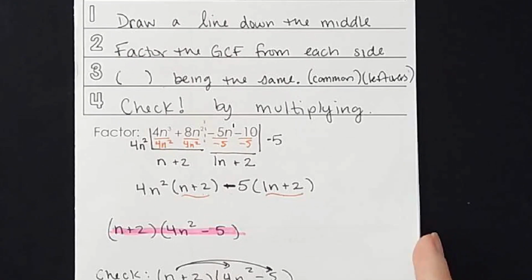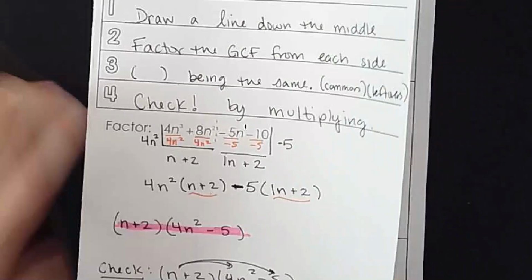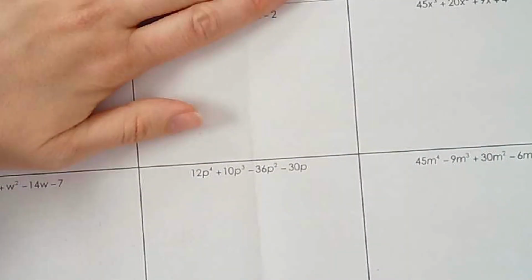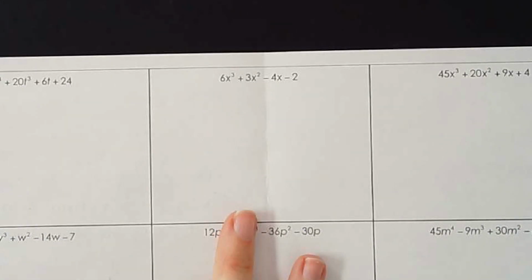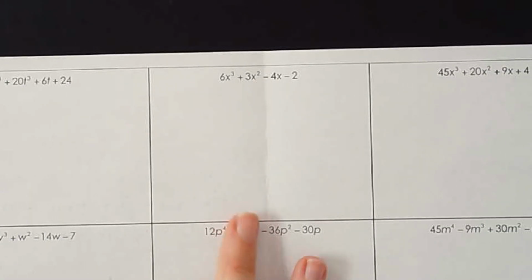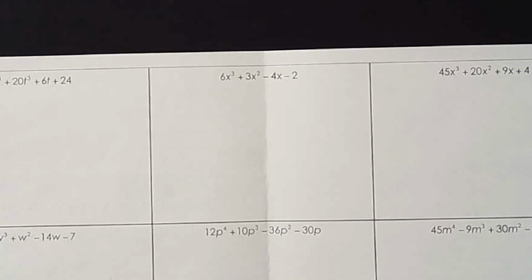We're going to do one more on the inside, and then you will have the rest of these to practice on your own. So let's go straight for, let's do bottom middle.